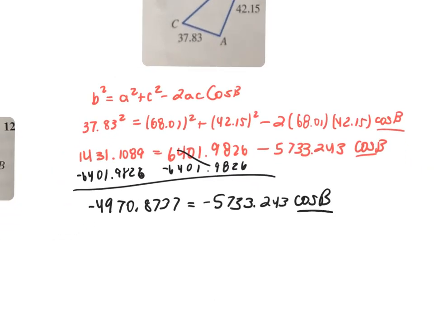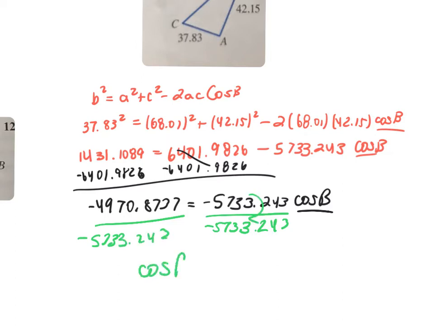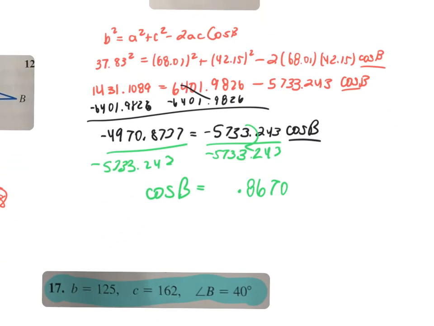Still trying to get cosine of b by itself, so I'm going to divide both sides by negative 5733.243, and I get the cosine of b equals, so we have this divided by negative 5733.243, 0.8670.